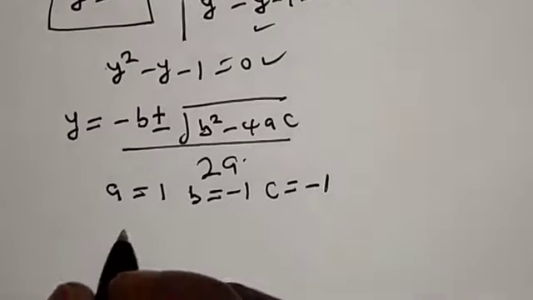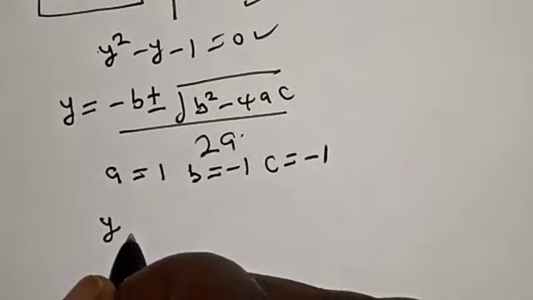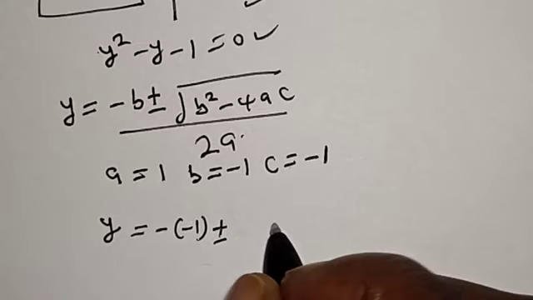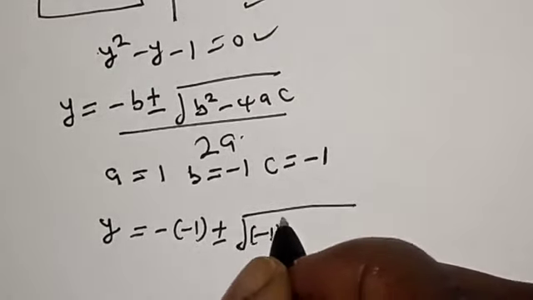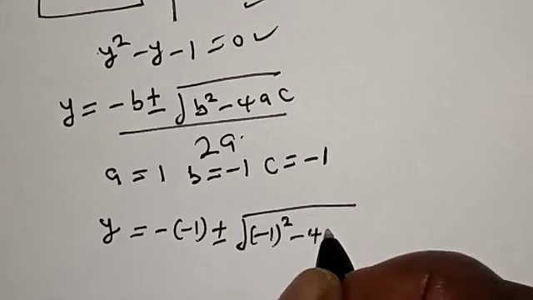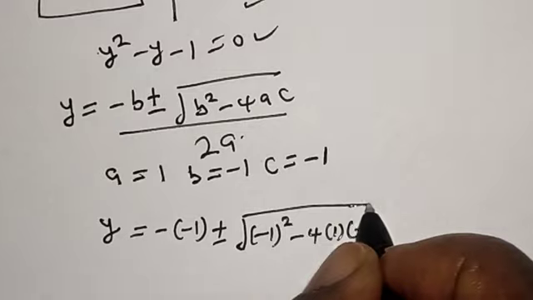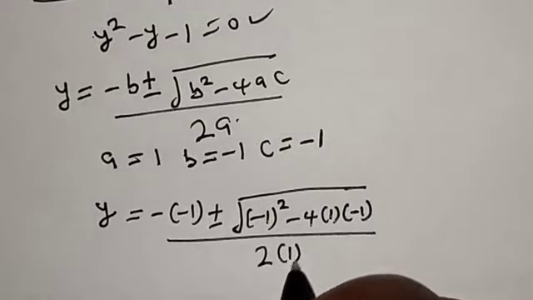Let's substitute. We have y is equal to minus into minus 1 plus or minus square root of minus 1 squared minus 4 into 1 multiplied by minus 1, divided by 2 multiplied by 1.